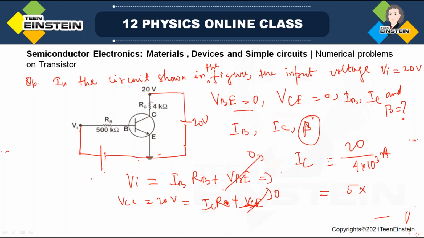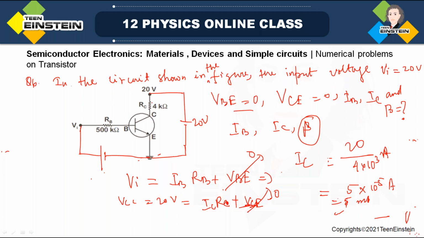So 5 milliampere. So it will be 5 milliampere.